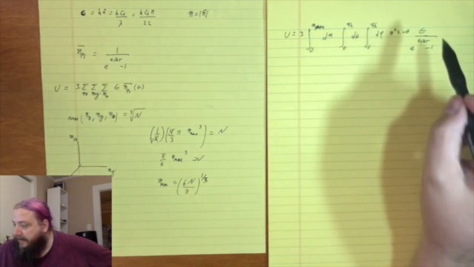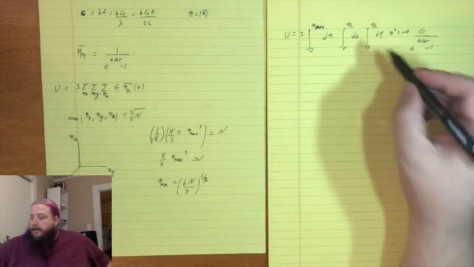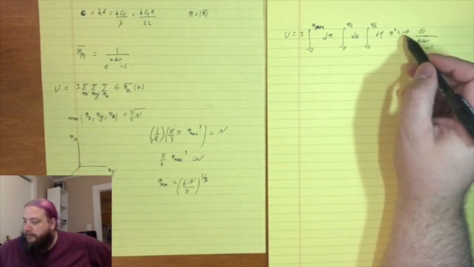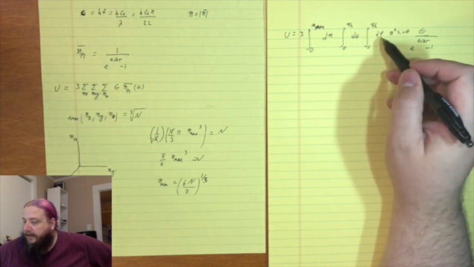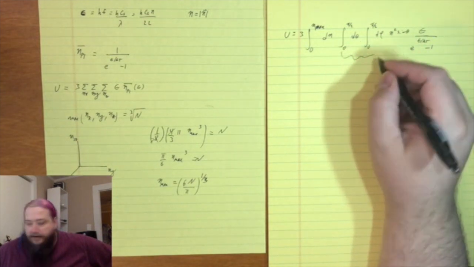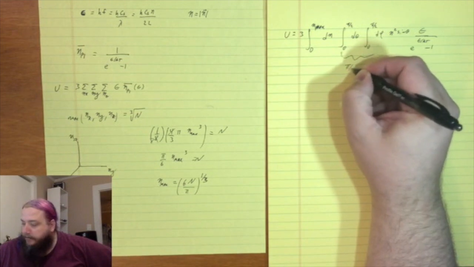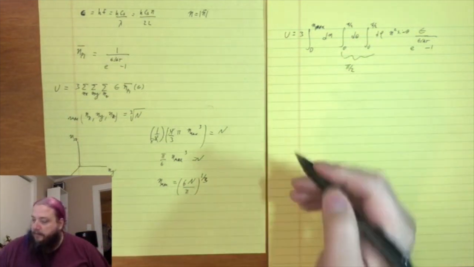Integrate that in dn. The angular integrals, sine theta d theta and d phi, give us a factor of pi over 2, and so that pulls out to the front.